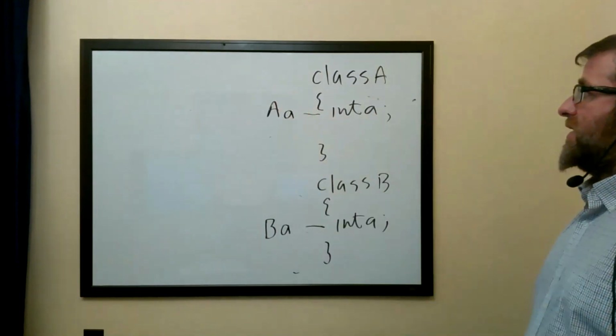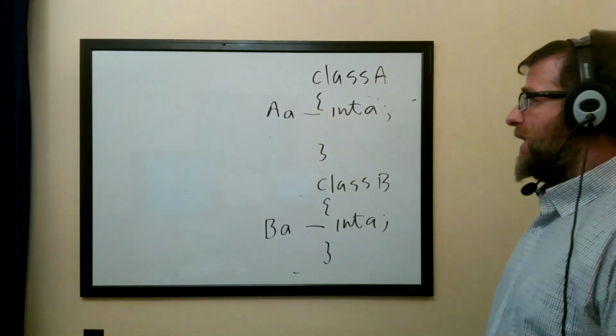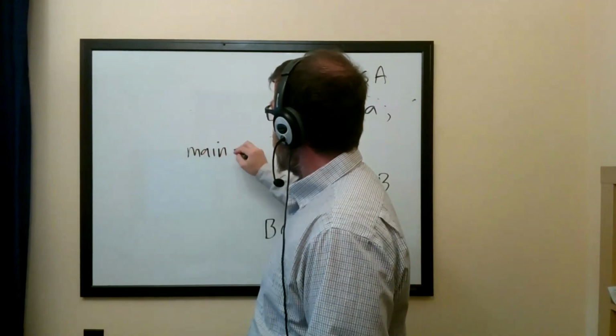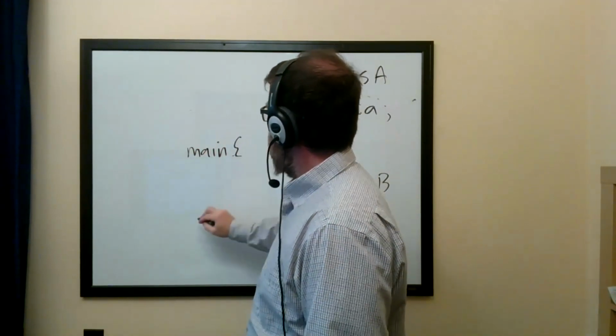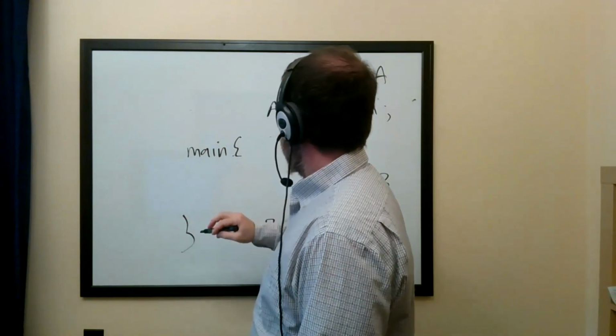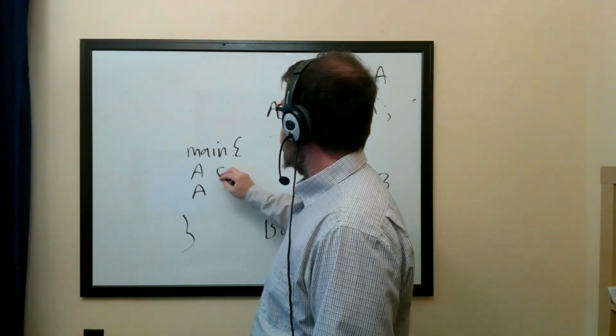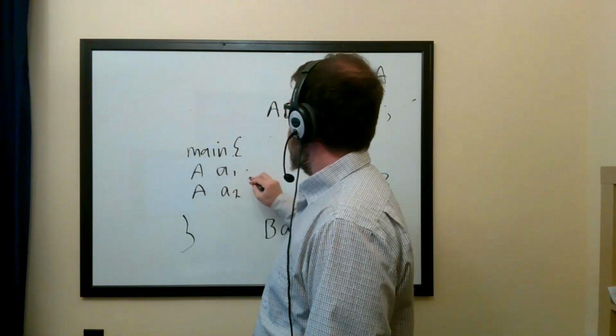Apparently this is solving the problem, but it is not. For example, in the main function of your program, you may define 2 variables of type A, named A1 and A2.